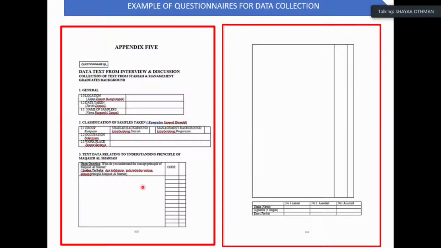I will tell you in the analysis how you write what they are saying. For example, he says, I don't understand maqasid al Sharia. What does it mean? I don't think it can be integrated into any other activities in life. I just write it down. Later on you can codify it into a small word, and then you can analyze it, making a pattern of it. I will talk about this later.